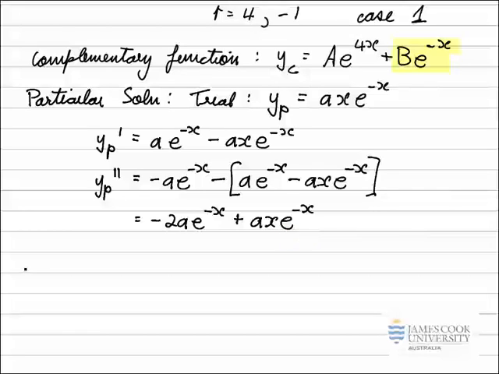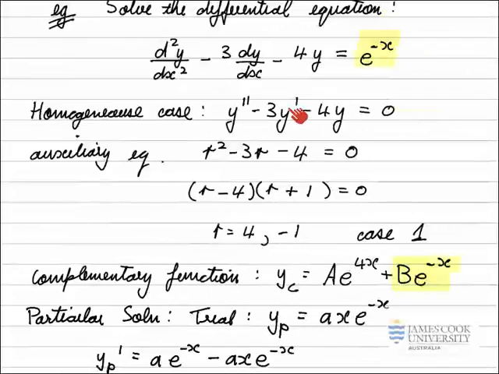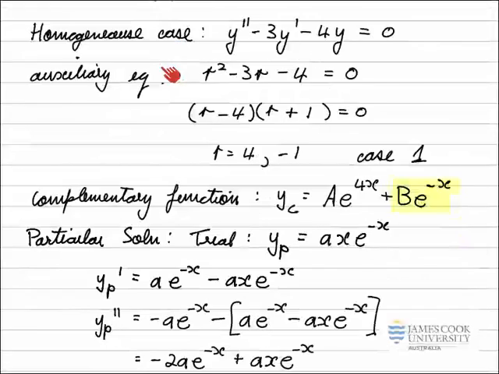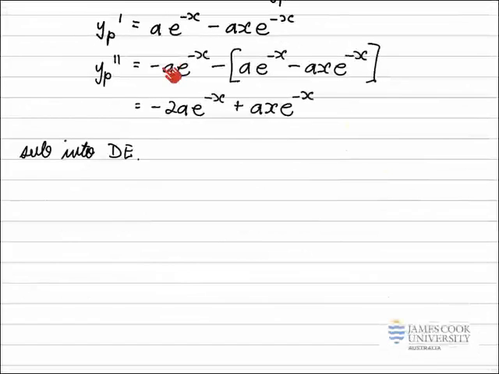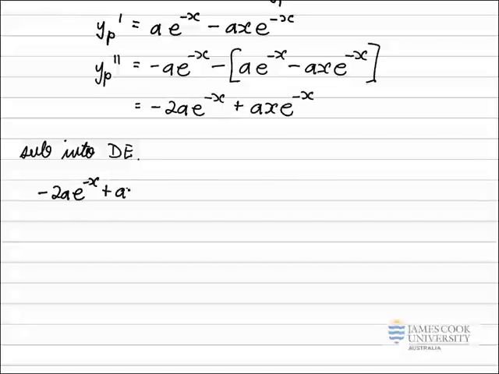Next process in the method is to sub into the DE. What I'm substituting in is yp double dash, yp dash, and yp, and remembering the right hand side e to the negative x. So at this stage, substituting in the second derivative, which is minus 2a e to the negative x plus ax e to the negative x.